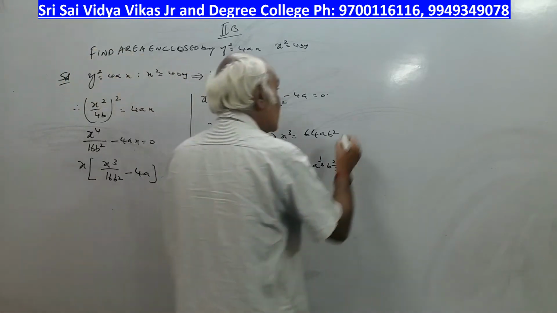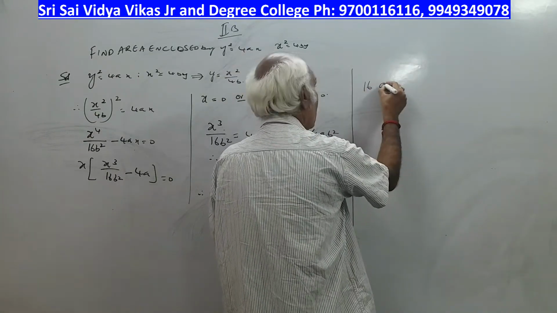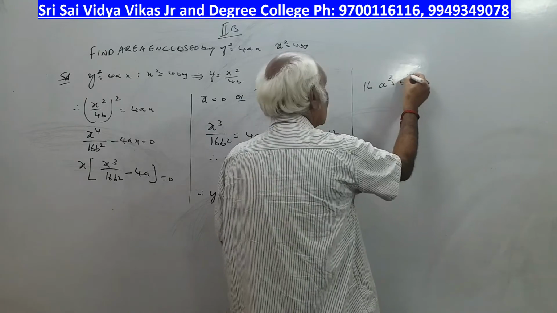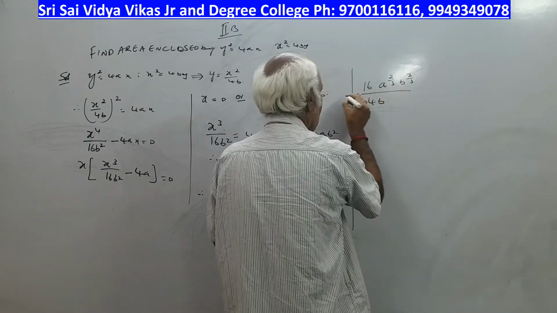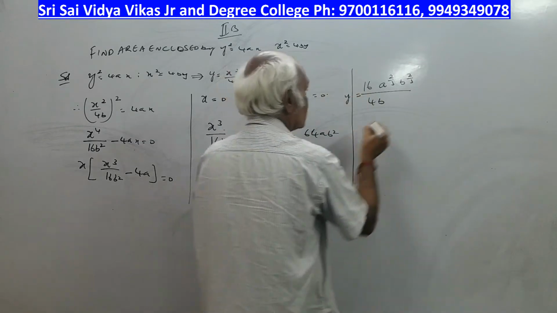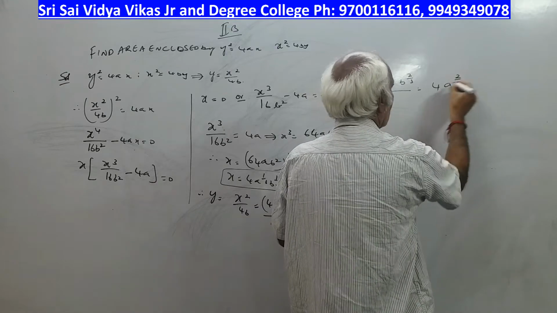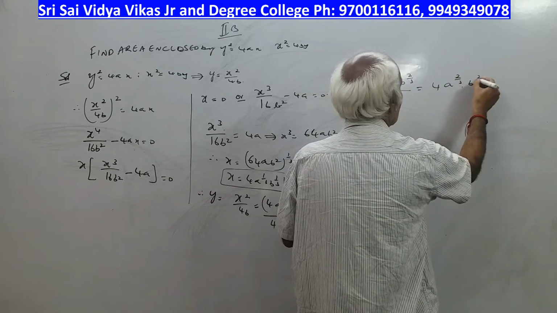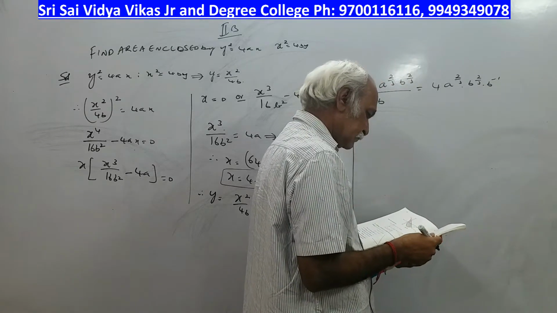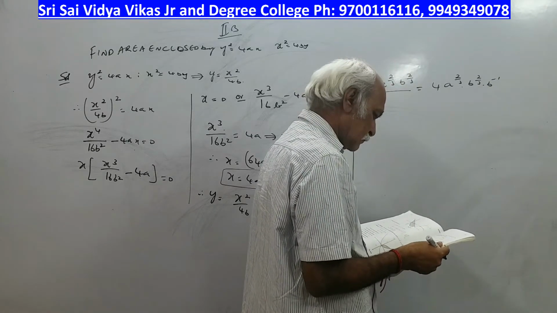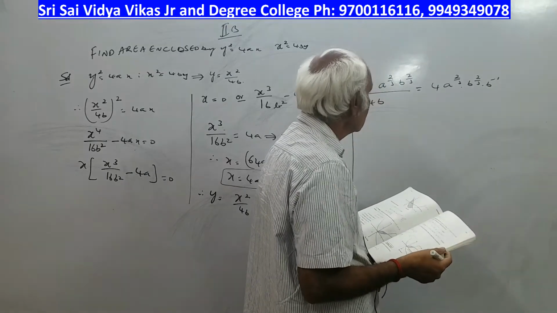So now what will happen? 16 a power 2 by 3 b power 4 by 3 by 4b is the y value. So 4 will get cancelled, 4 times a power 2 by 3 into b power 4 by 3, b power minus 1, so b power 1 by 3. Right?